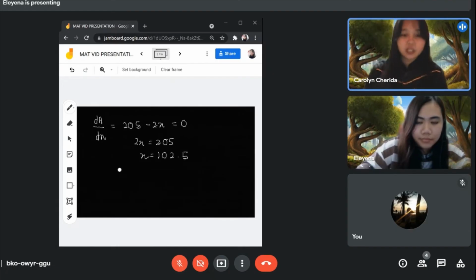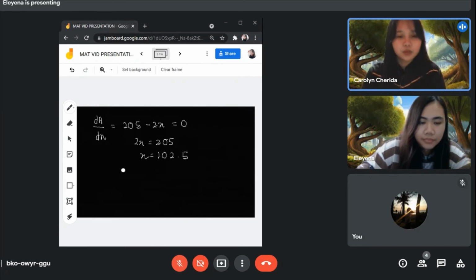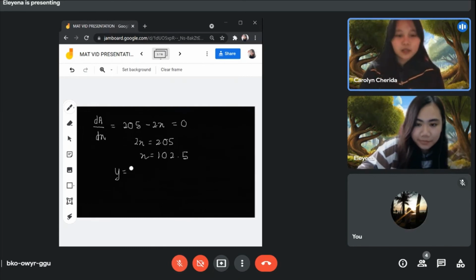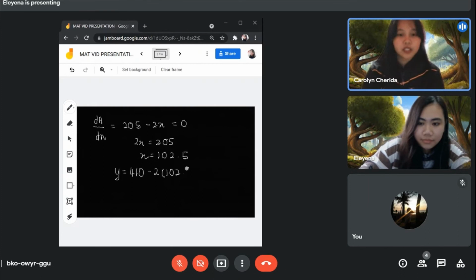After we calculate it, we get the value of x equal to 102.5 meters. When you substitute the value of x into the first equation, y equal to (410 minus 2x) over 2, you will also get the value of y equal to 102.5 meters.